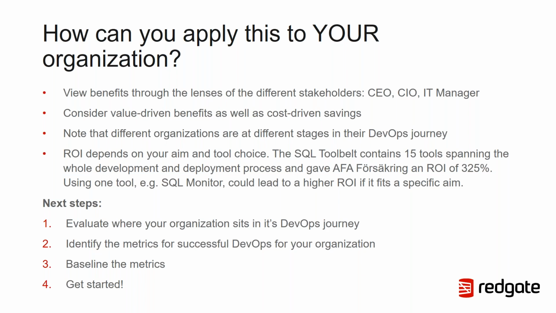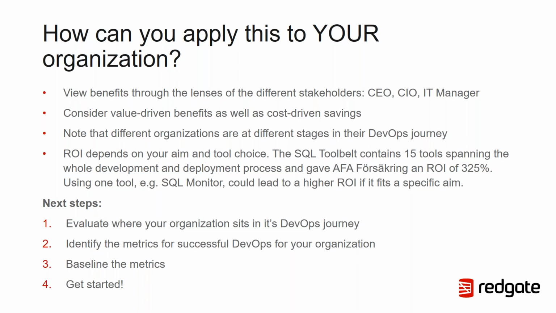And also remember that different organizations are at different stages in their DevOps journey. So we cannot expect some organizations overnight to embrace the full and complete DevOps pipeline. Sometimes it's a process that we go through. It's a staged implementation.